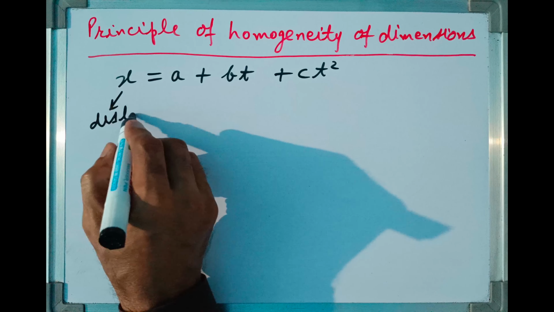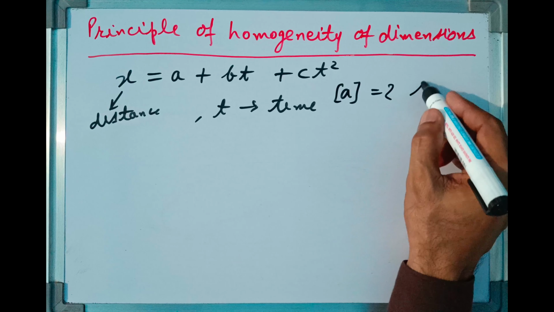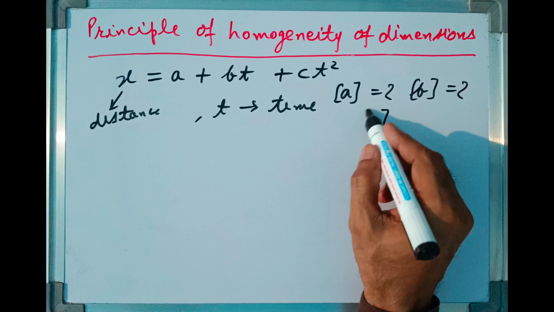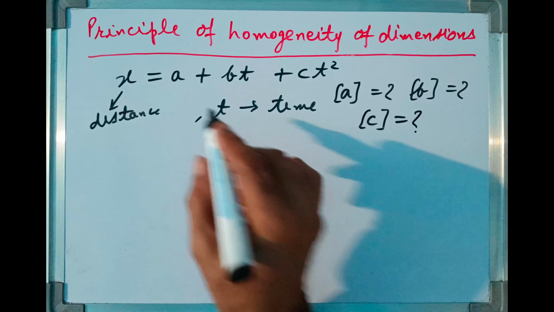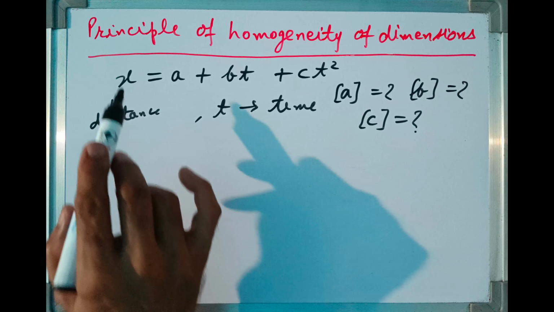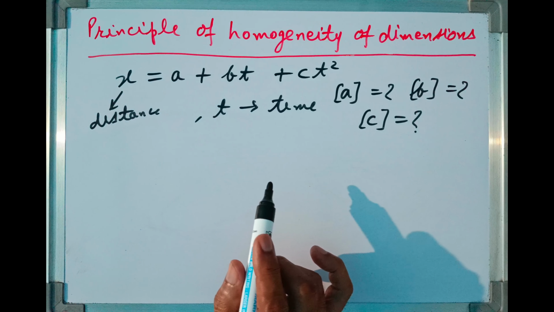The question is, what is the dimensional formula of a? What is the dimensional formula of b? What is the dimensional formula of constant c? All these three are constants. We have to find the dimension formula of these three constants. This is the question. We shall make use of the principle of homogeneity of dimensions.